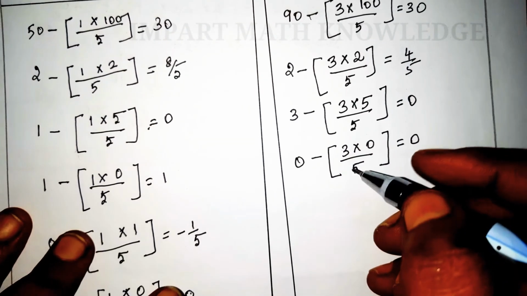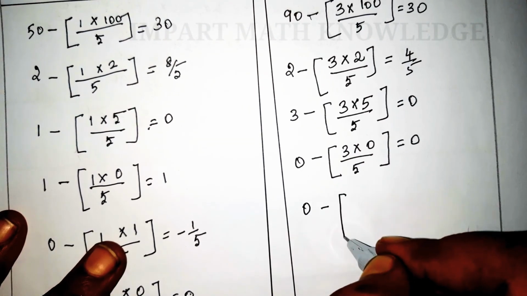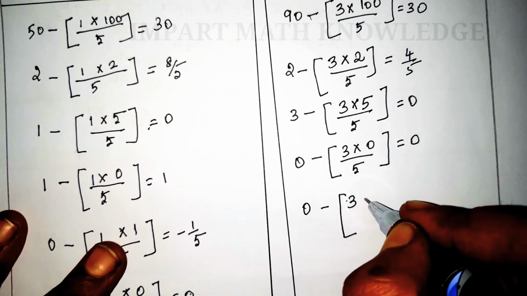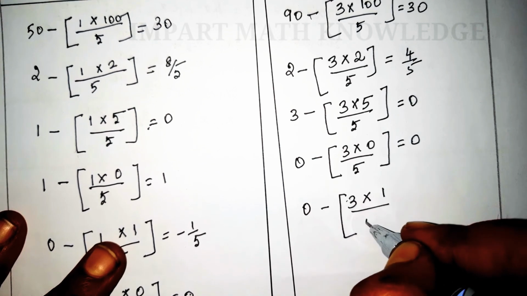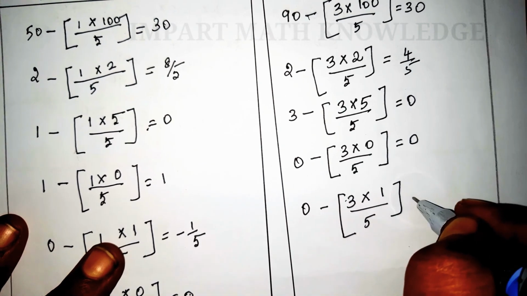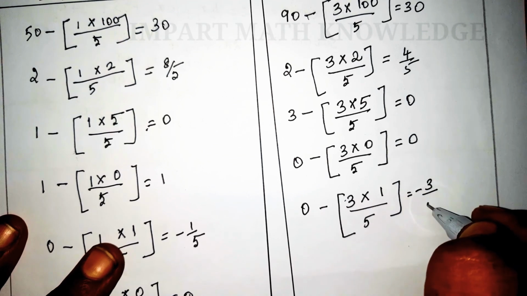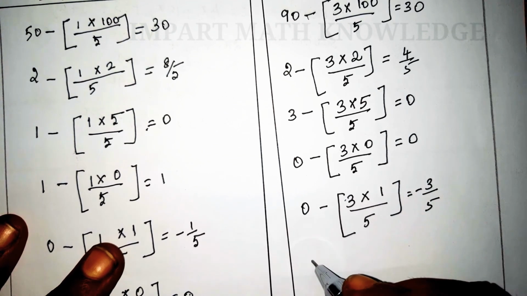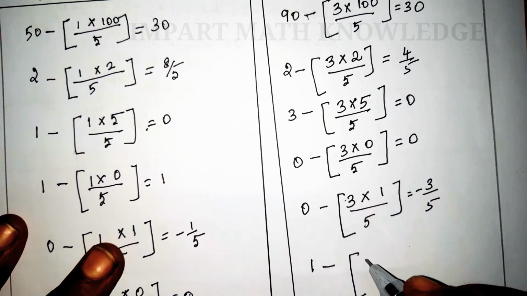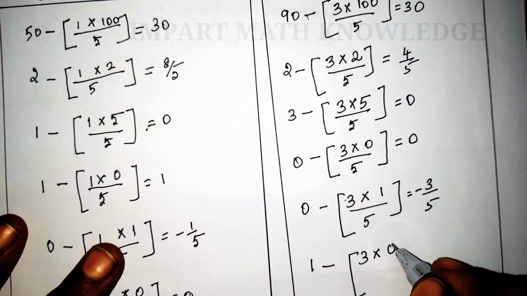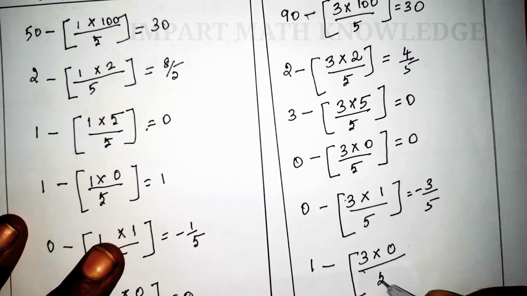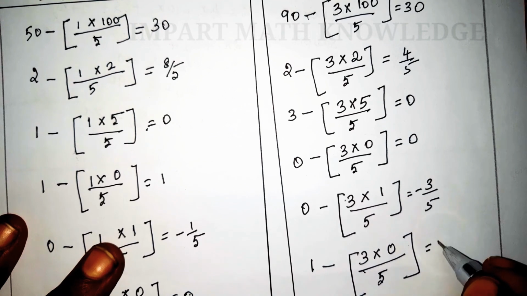The next one is 0 minus key column value into key row value divided by key value, that is minus 3 by 5. The next one is 1 minus key column value into key row value divided by 5. This is 1.